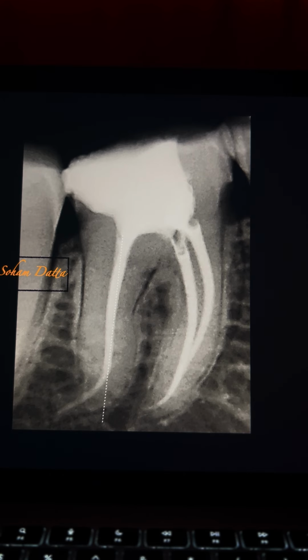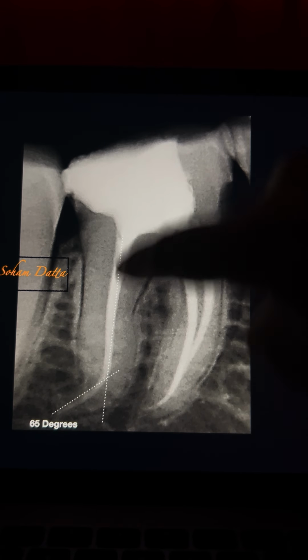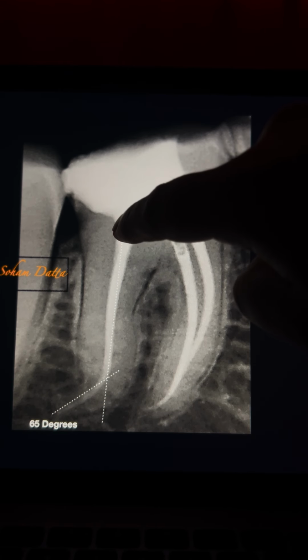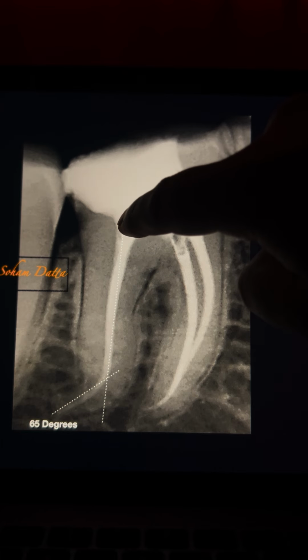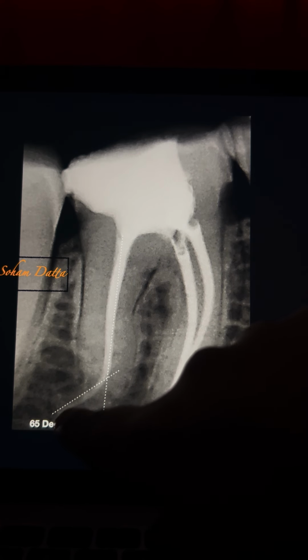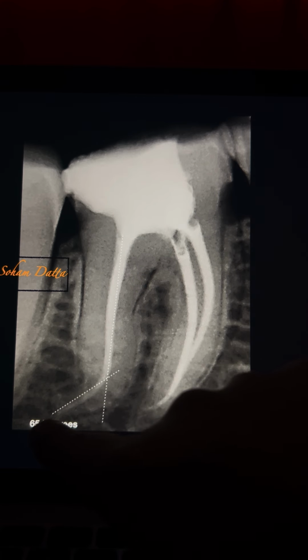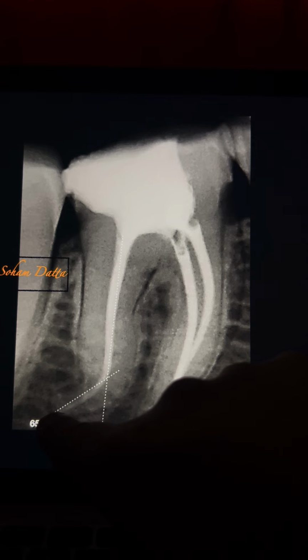Now if we measure the angulation of this distal curvature present in the apical third of the distal root of this molar, as per Schneider method, we draw one line straight, coinciding with the orifice long way down, and another line from the start of the curvature to the radiographic apex.